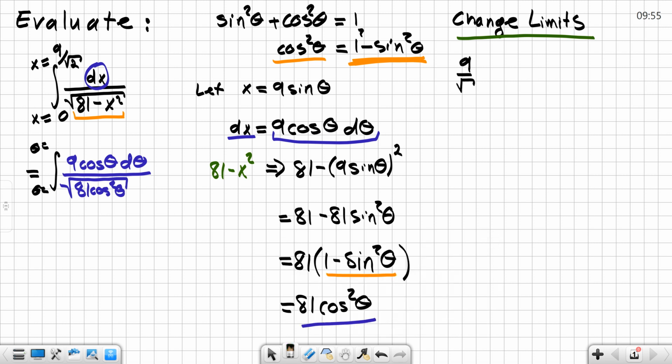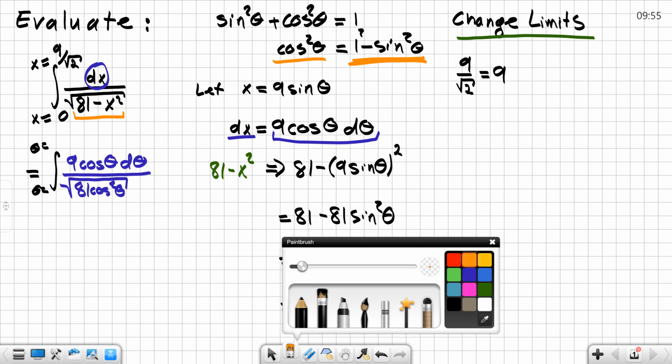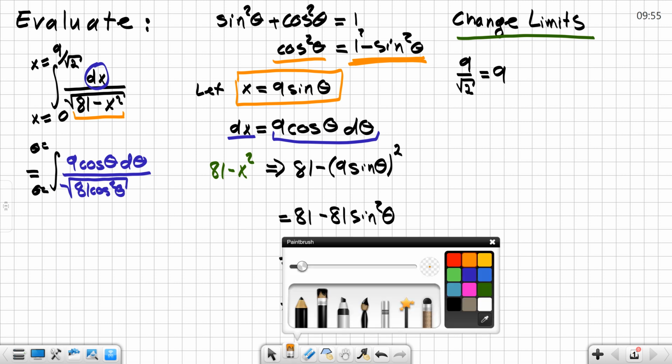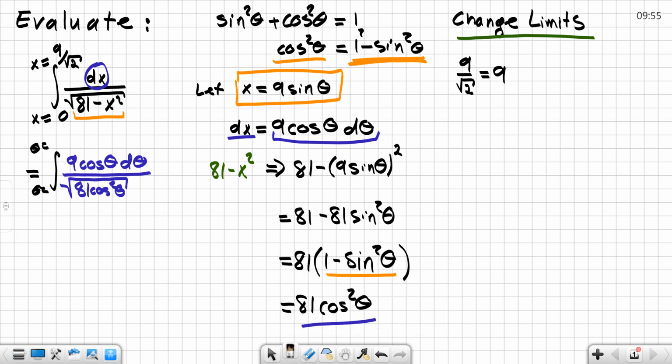This limit has not been chosen randomly, because now we are using the substitution that x was equal to 9 times sine theta, and I'm getting 9 over the square root of 2 is equal to 9 times sine of theta.